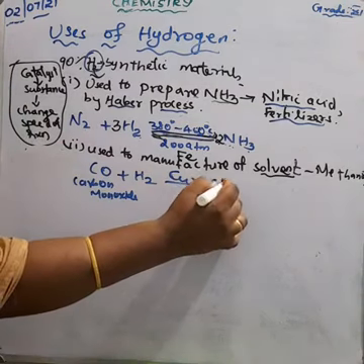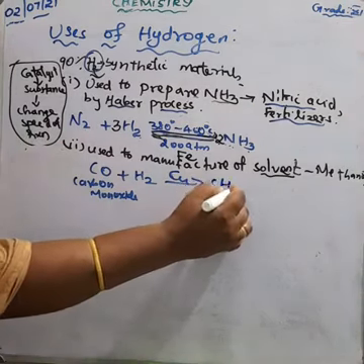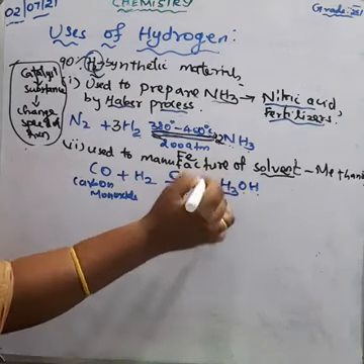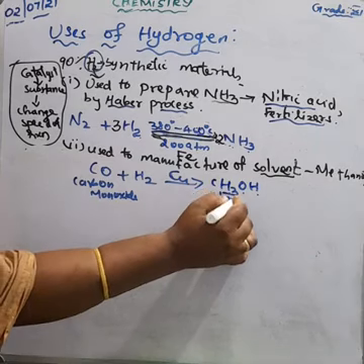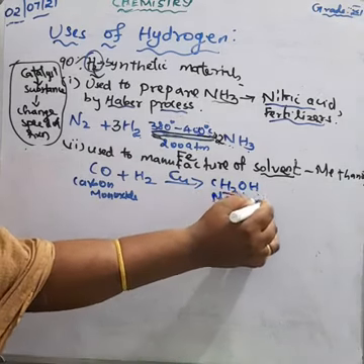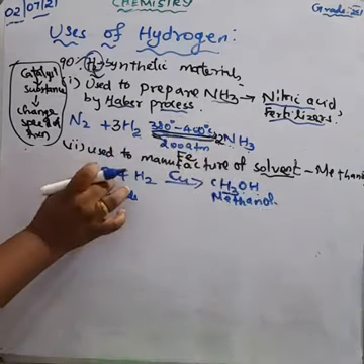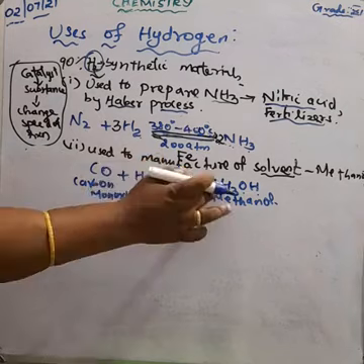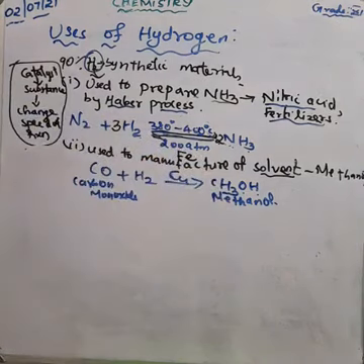What is the formula for methanol? CH3, that is methyl, OH means alcohol. Methanol. Understood? So carbon monoxide combines with hydrogen, the copper acts as the catalyst, and here we get methanol. Understood?